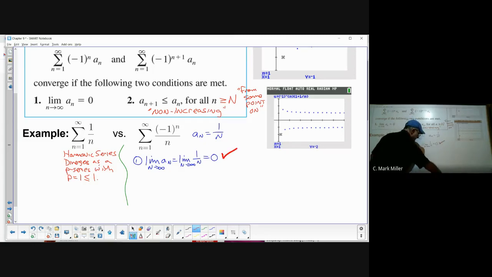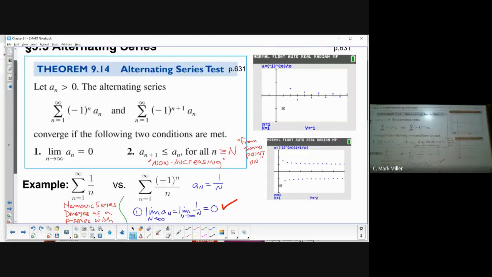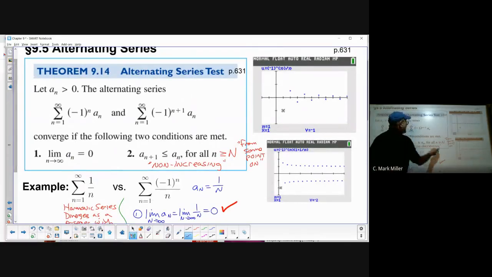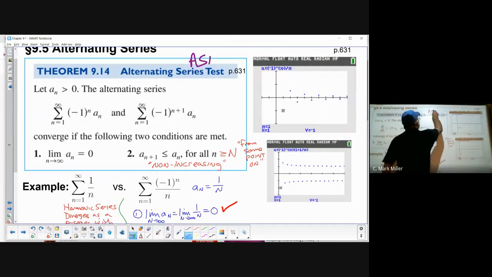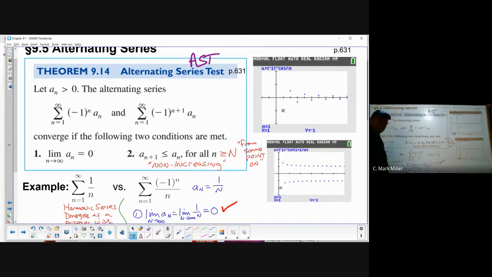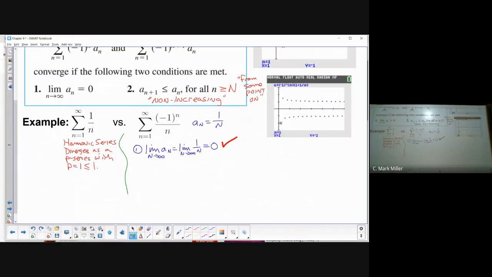Check. We're checking the conditions for the alternating series test. Oh, by the way, AST. So we're checking conditions for AST.